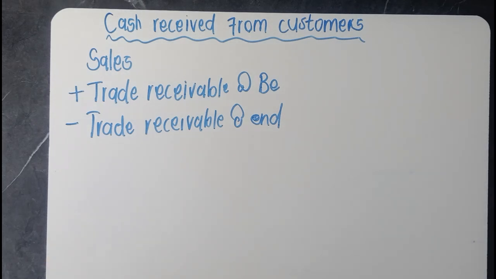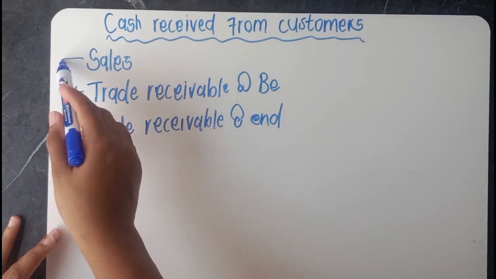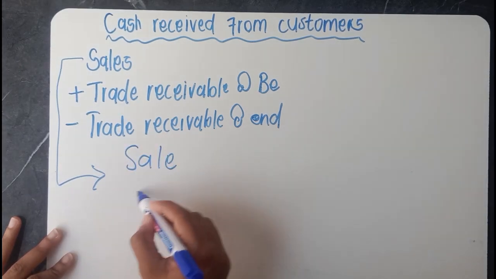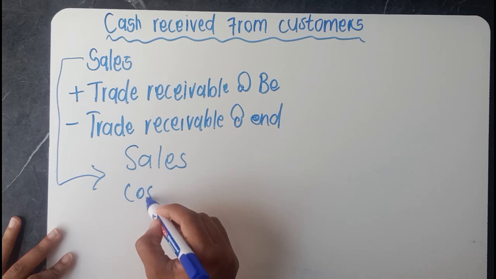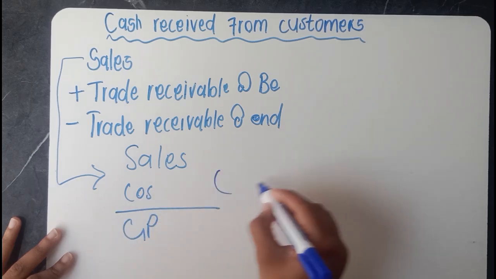Now you might say, what is the catch to this? There is an actual catch. You need to understand how we get the sales amount. You know that it's sales, less cost of sales, and then gross profit, meaning this is subtracted.